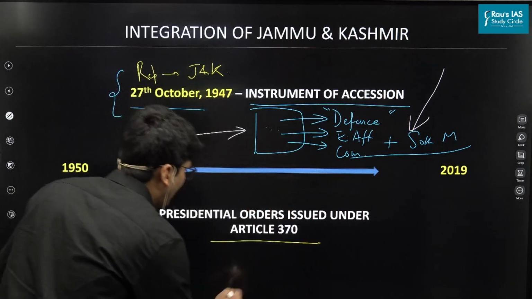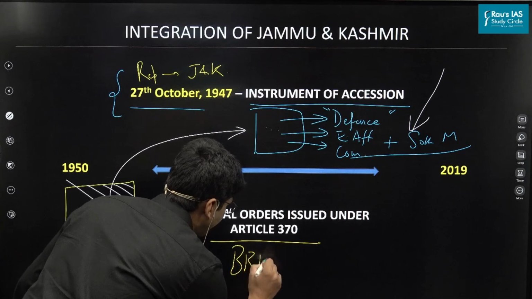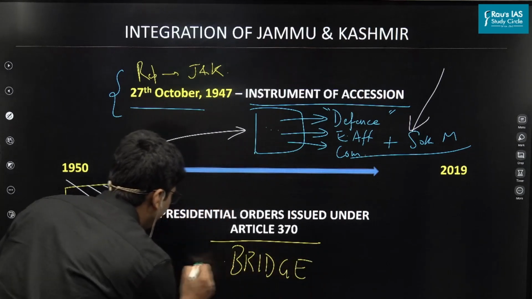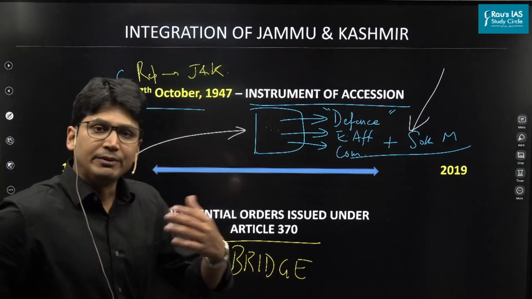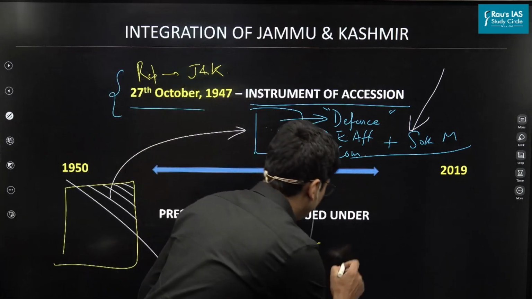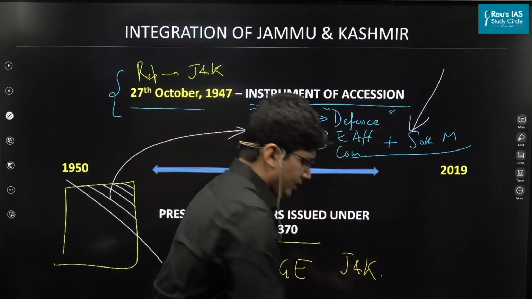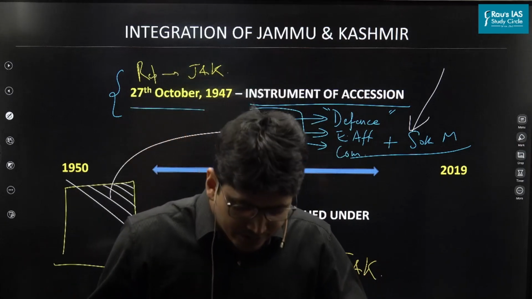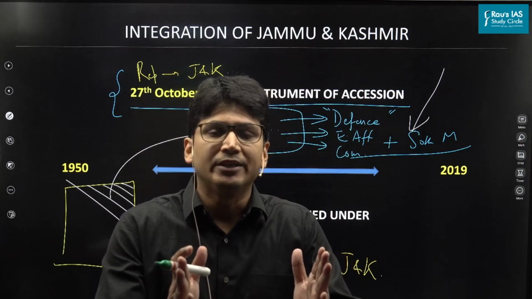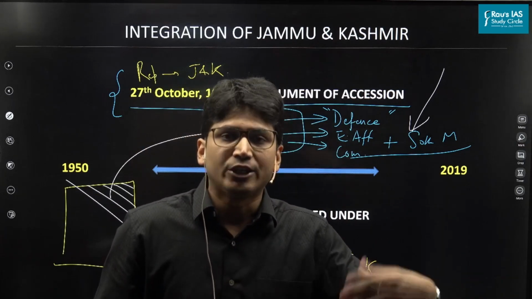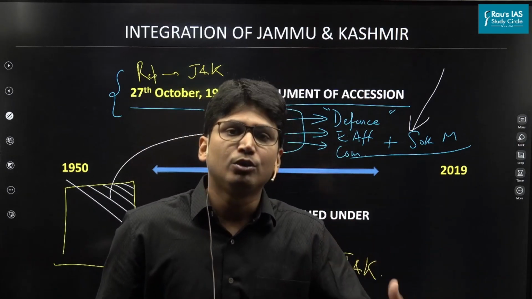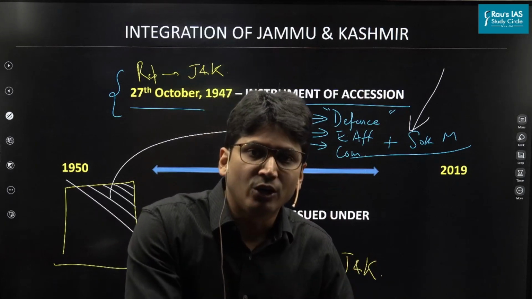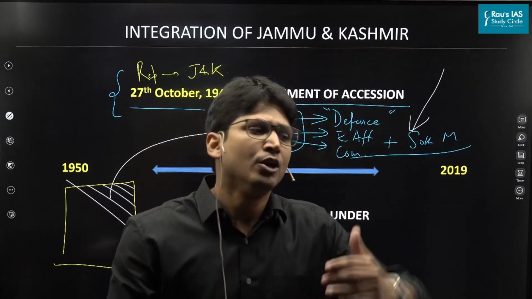Basically, Article 370 acted as a bridge between the government of India, or the implementation of the Constitution, and Jammu and Kashmir. Effectively, Article 370 restricted the power of Parliament to make certain laws for the state of Jammu and Kashmir, and it also restricted the applicability of the entire Constitution on the state.